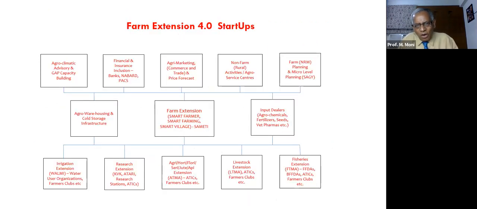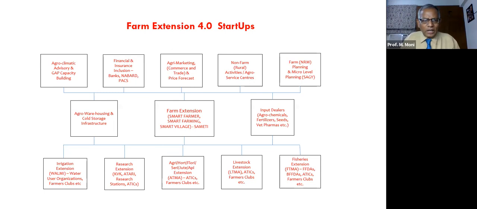This is the 12 box which I mentioned, which has been included in the Doubling Farmers Income Committee report by 2022, the report which was submitted to the government in 2018. This 12 box can become the startups, because a farmer needs agroclimatic advisory and good agriculture practices. They need capacity building.